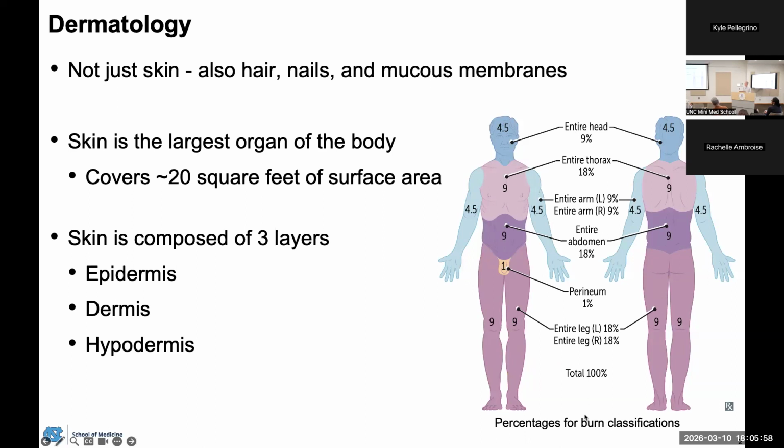So these percentages are actually really important for things like burn classifications. When we think of burn victims, often they're at risk for dehydration because they lose a lot of moisture. And one of the functions of the skin is to keep that moisture in. So this is really important for maintaining your fluid volumes.